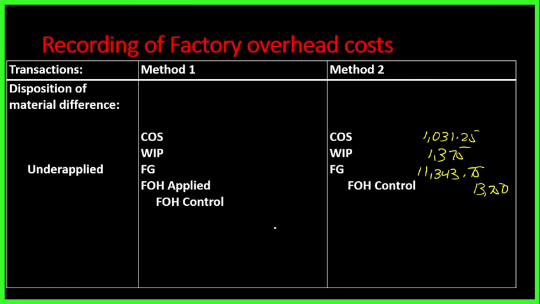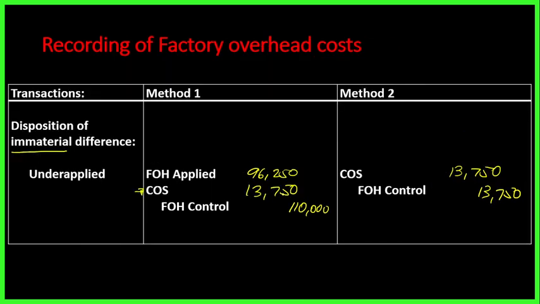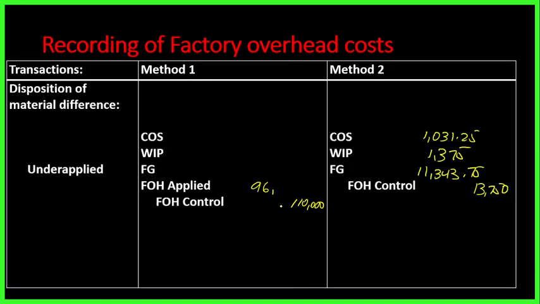If you're using method 1, I'm not a big fan of method 1 because there are so many accounts. But let's go with it. You close your actual which is 110,000. You close your applied which is 96,250. And then in your cost of sales, you have 1,000.